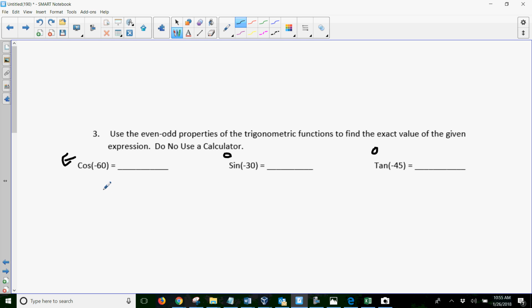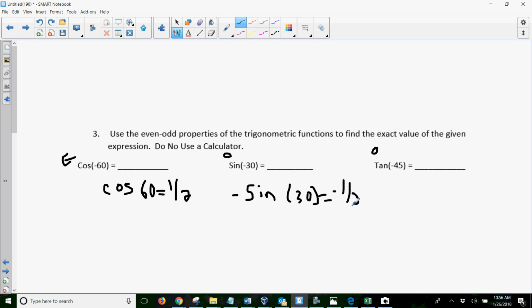So cosine of -60 is going to be the same thing as the cosine of 60, which again we've already shown is 1/2. Sine of -30 is going to equal negative sine of 30, which is also, well, -1/2, right?